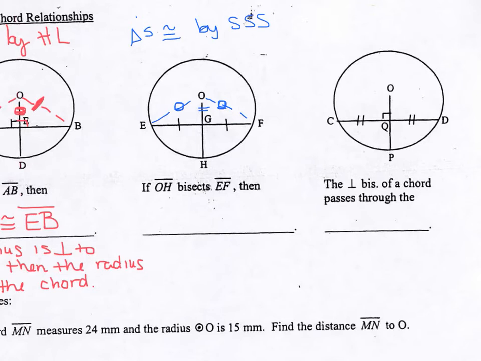And with a little bit more work, we can then say that OH is perpendicular to EF, which is the converse: if a radius bisects a chord, then the radius is perpendicular to the chord.